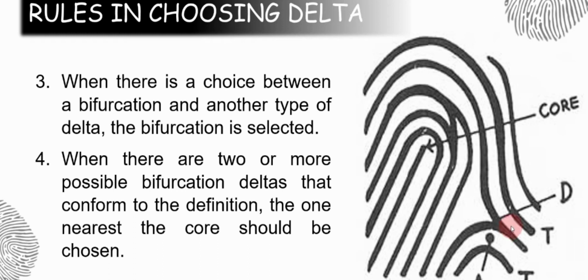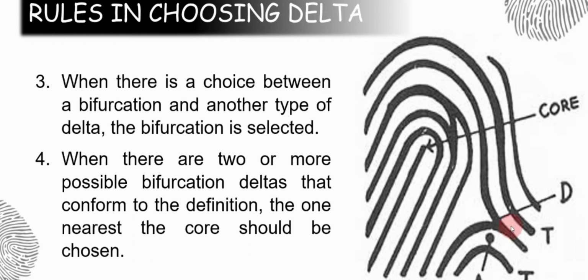In rule number 3, when there is a choice between a bifurcation and another type of delta, the bifurcation is selected. This means the bifurcation is our first choice over another delta, even if there is a dot, an ending ridge, or anything else. If the bifurcation is turned sideways or facing away from the core, it is not chosen, and we choose the dot instead, because what is important is that it faces the core.